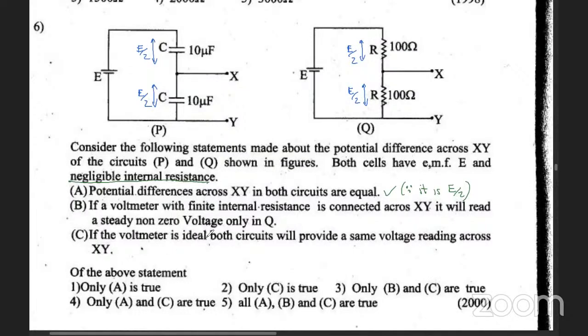Okay. If the voltmeter is ideal, both the circuits will provide the same voltage reading across XY. Yeah, that's correct, because what is it for an ideal voltmeter? For an ideal voltmeter, internal resistance is infinity. So no current flows through it.